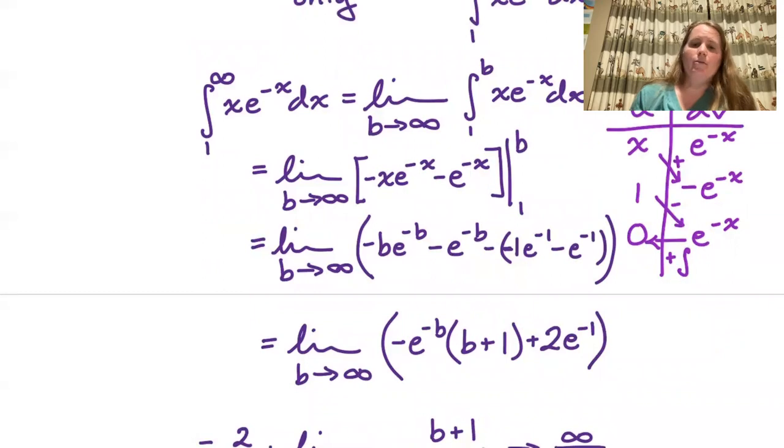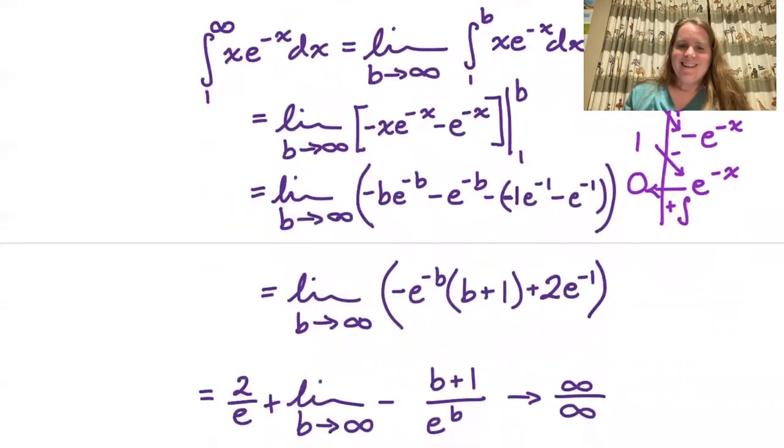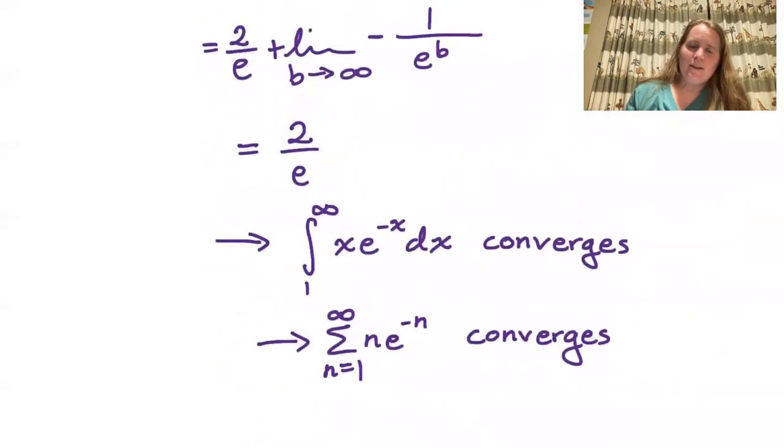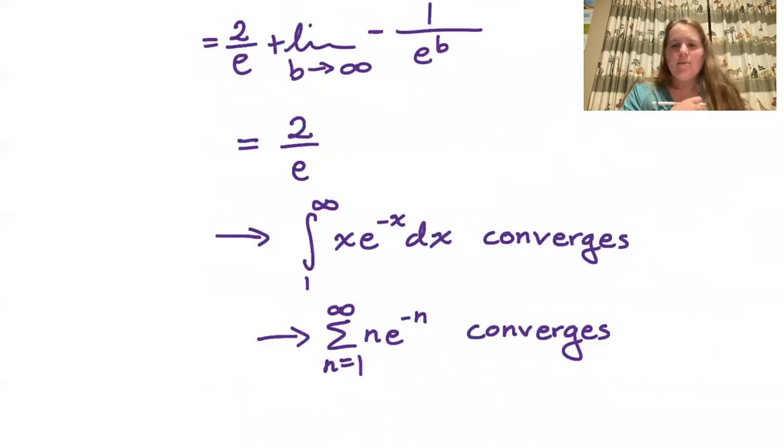So it should have been a negative 1 e to the negative 1 minus e to the negative 1. I had it so they canceled out. So with that correction, we get an integral value that makes sense. It's positive, but it is finite. So the integral converged and therefore our series converged. So this is a trick we can use. And we will use this trick in the next video to prove the convergence theorem for P series.